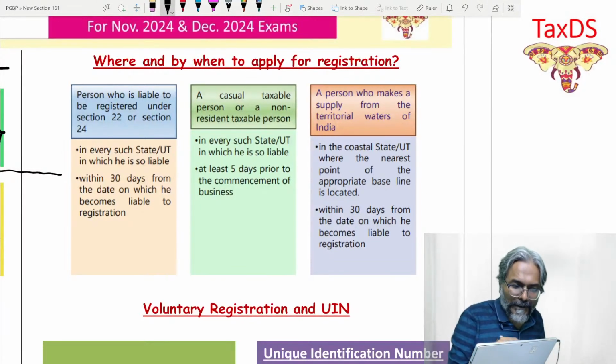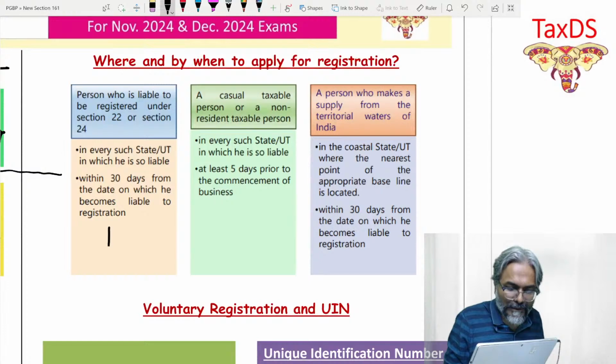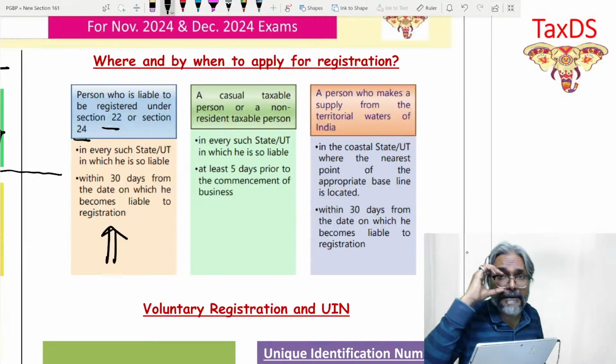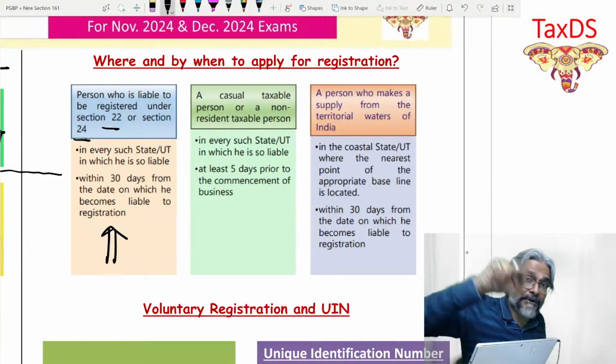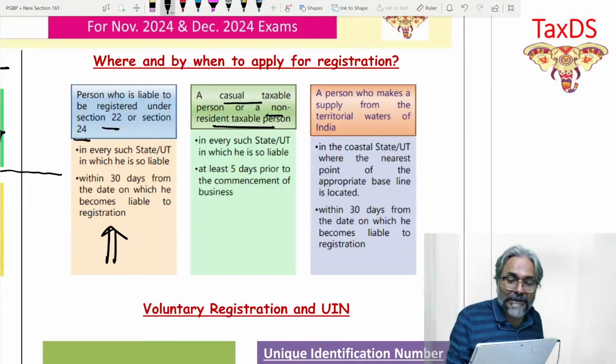Now, friends, I have already discussed where and by when to apply for registration. I told you about this thing. If you are in 22 or 24, students, then 30 days. Within 30 days, students, you are supposed to get yourself registered, when you are liable for registration. But a casual taxable person or a non-resident taxable person, students, they have to take the registration prior.